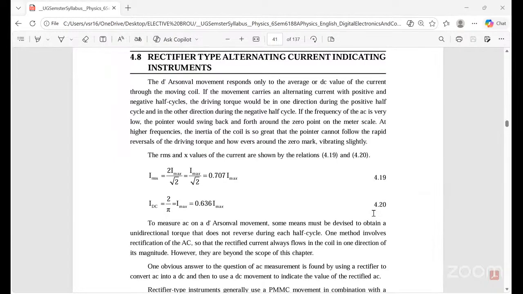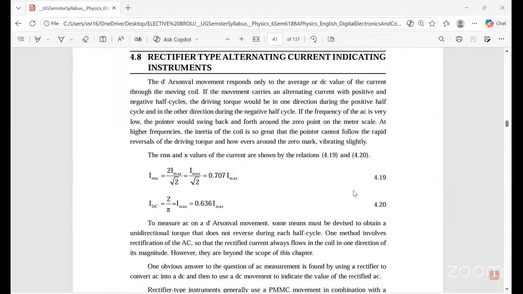If the frequency of the AC is very low, the pointer would swing back and forth around the zero point on the meter scale. For higher frequencies, the inertia of the coil is so great that the pointer cannot follow the rapid reversal of the driving torque.